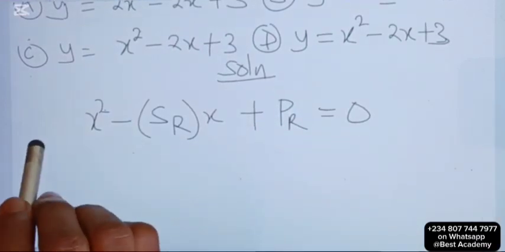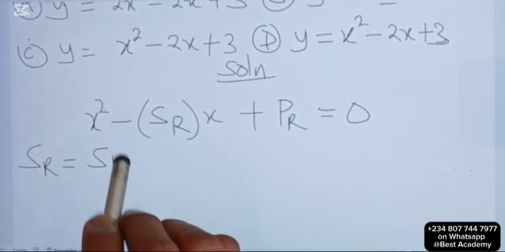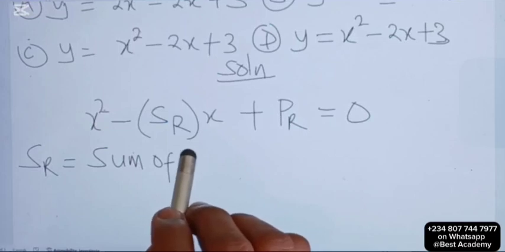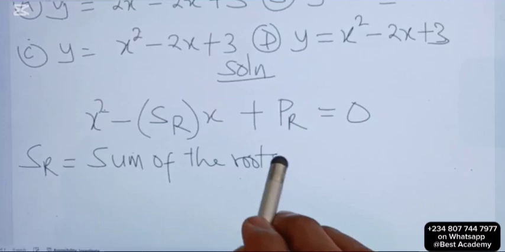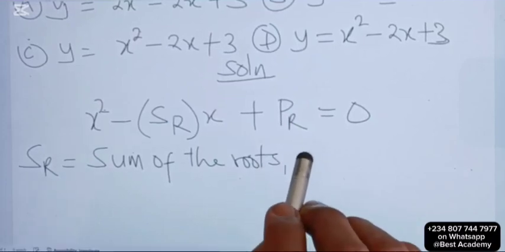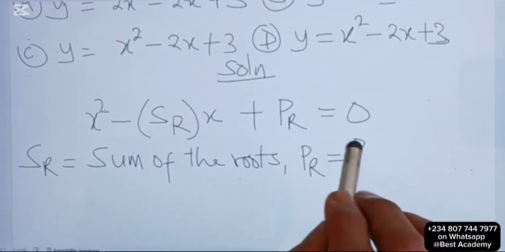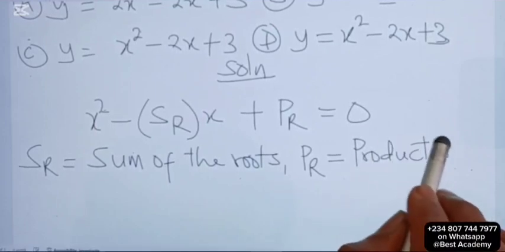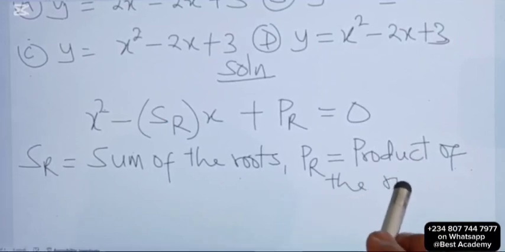So this S R here is the sum of the roots, and this P R here is the product of the roots.